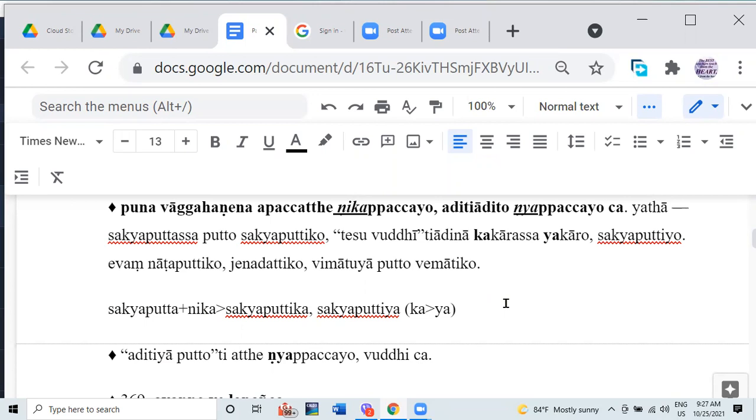Vimadu means the opposite mother, like a stepmother. Vimadika means the son of the opposite mother, the son of the stepmother.